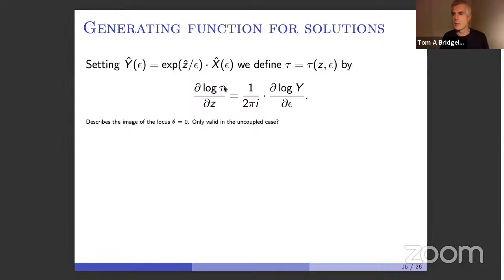Right, it's not clear that you can do this. I should say first here that I'm really just looking at the solutions for theta equals 0. That's somehow important. And as I say, it's not clear that you can do this. You can in the uncoupled case, but I suspect maybe that's the only time you can do it. But it leads to some interesting functions, which is why I'm doing it.